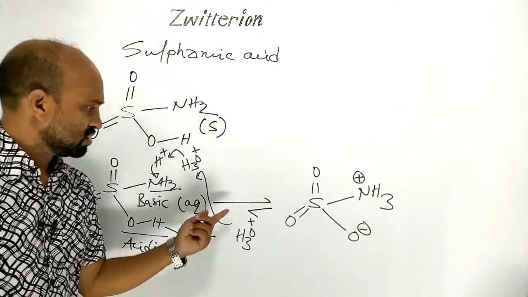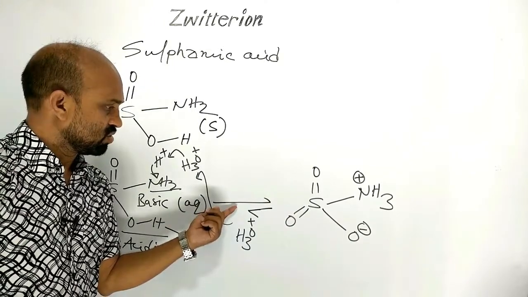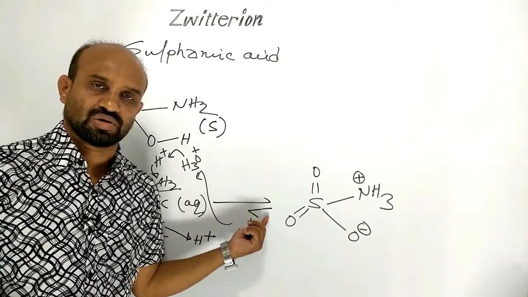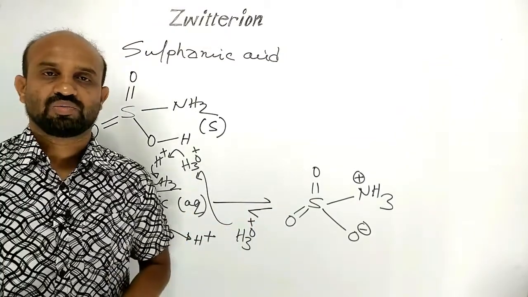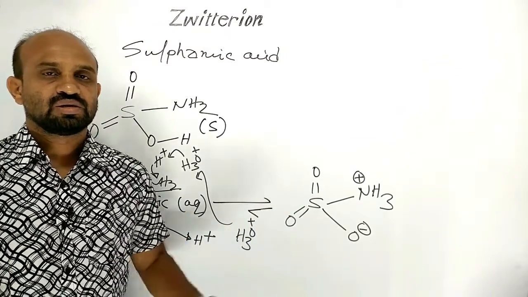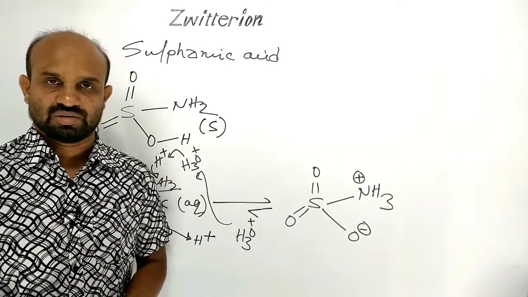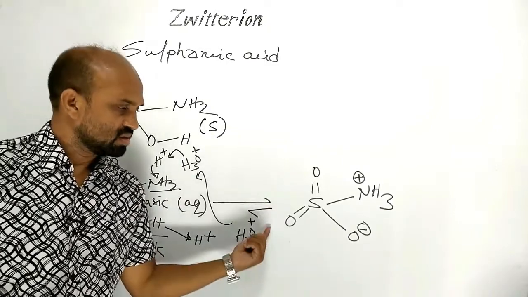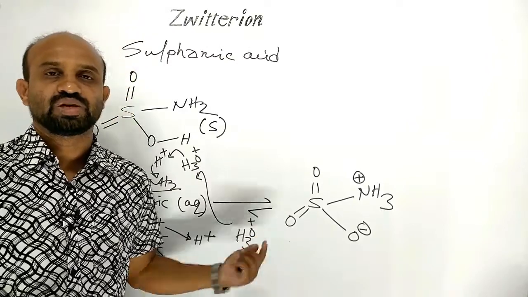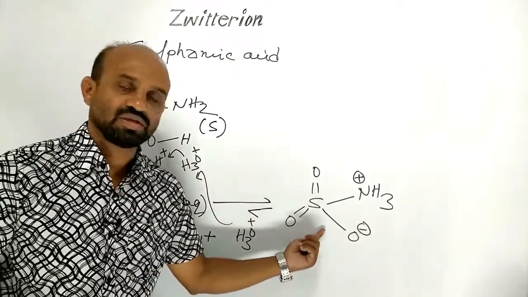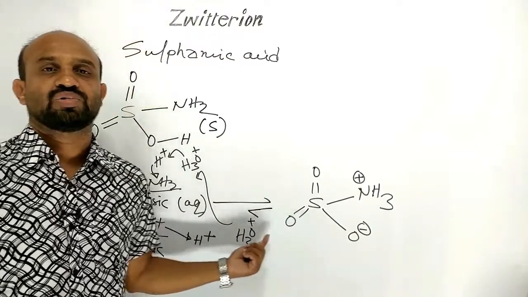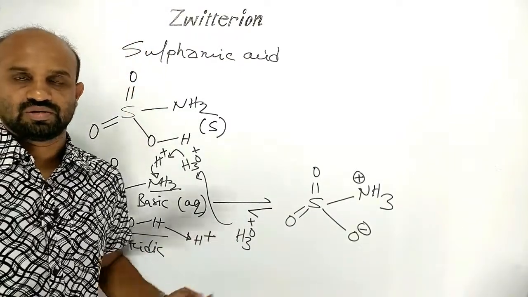Here this is a long arrow, this is a short arrow. It means a high percentage of sulfamic acid converts to Zwitterion and a chemical equilibrium is established. So here this is the Zwitterion of sulfamic acid.